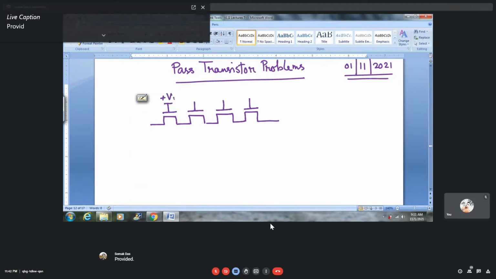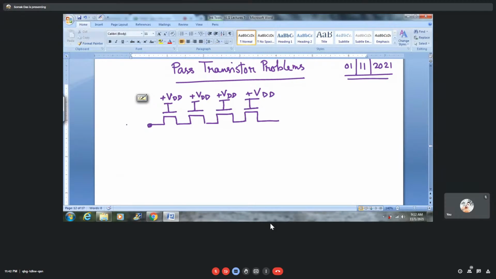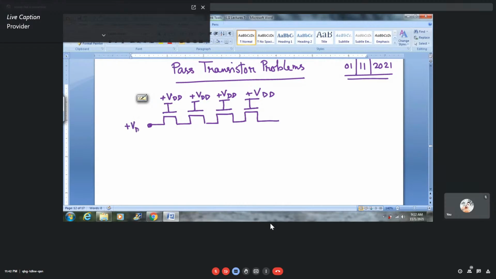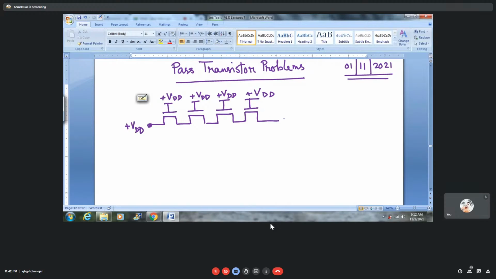Provided as VDD, the potential to the gate terminal, or rather the potential of the gate terminal, because we are in a pass transistor study. And here we provide a potential also plus VDD. So we have to find out the potential at the output of this particular circuit.